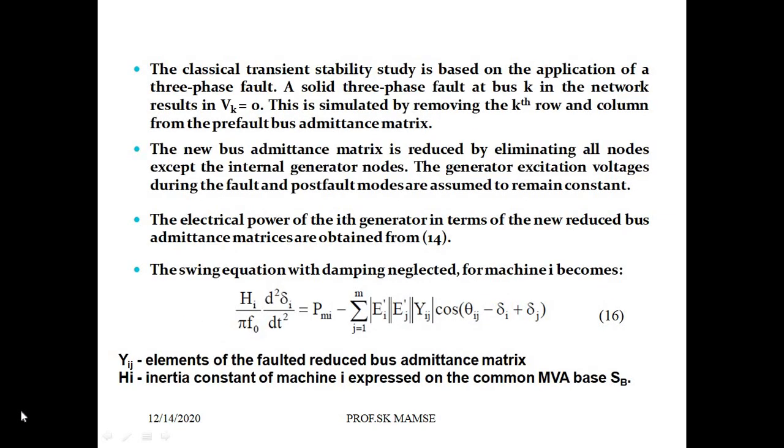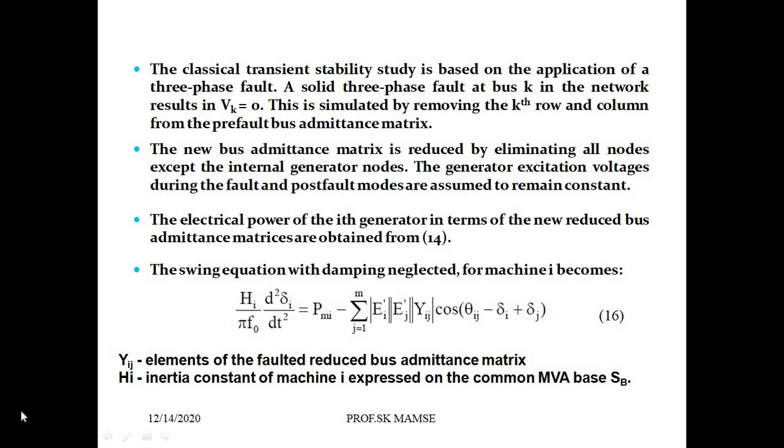The classical transient stability study is based on the application of a three-phase fault. A solid three-phase fault at a bus k in the network results in Vk equal to 0. This is simulated by removing the k row and column from the pre-fault bus admittance matrix.